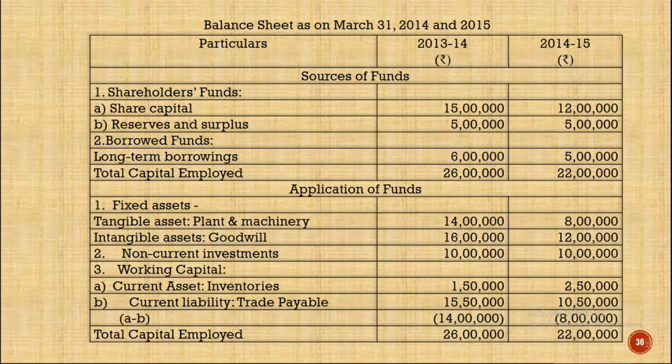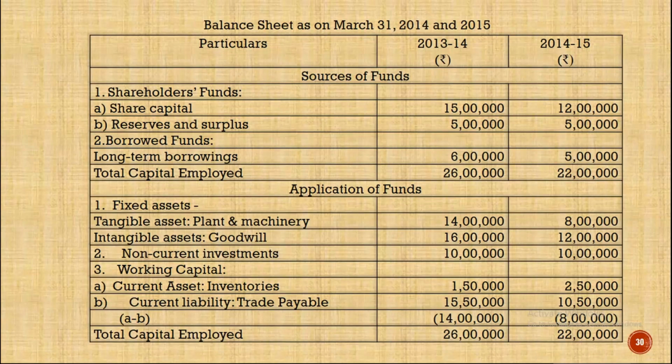That is the liability side. That is the various sources the firm has used for raising funds. Next is application of funds. That means the firm has invested the funds in these various assets.